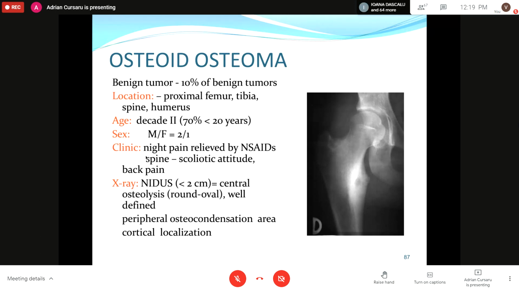It is most frequent in males in comparison with females, and it is very important to know that a lesion exists here.